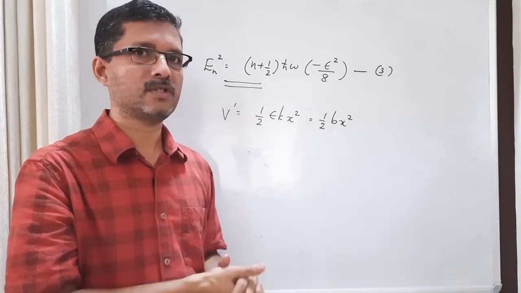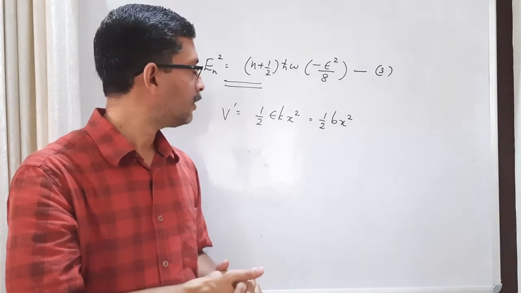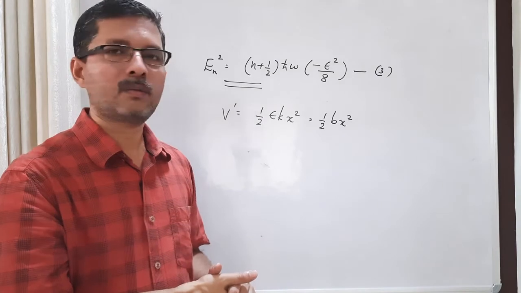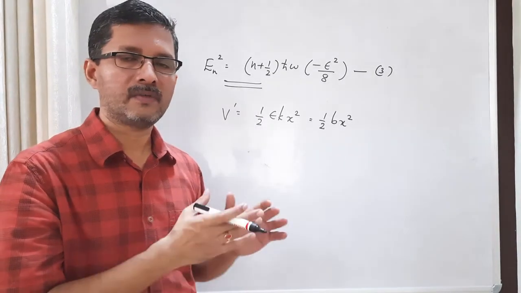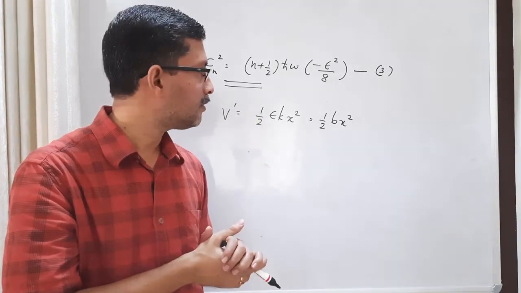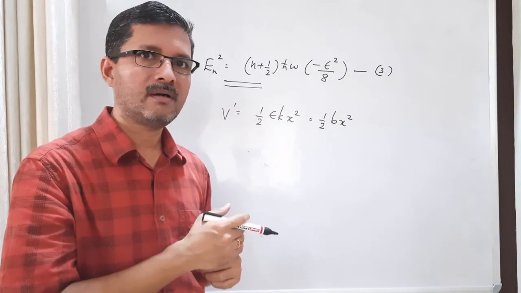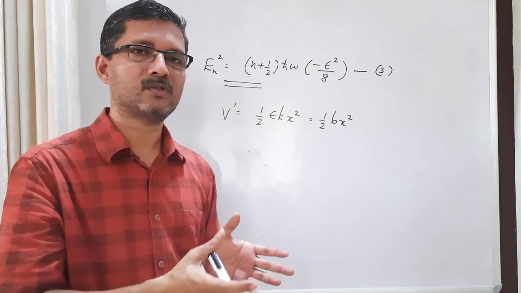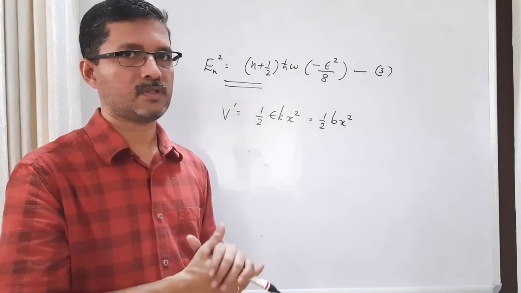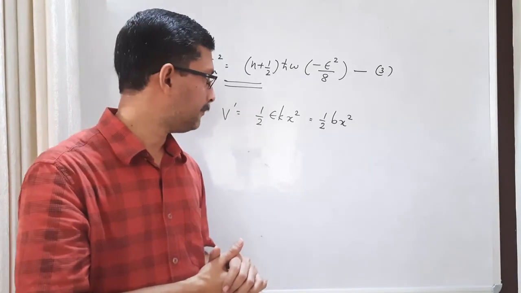Therefore, an exact solution is possible here. So this is how we treat the harmonic oscillator with a quadratic potential, solving it exactly and also solving by the approximation method, time independent perturbation.